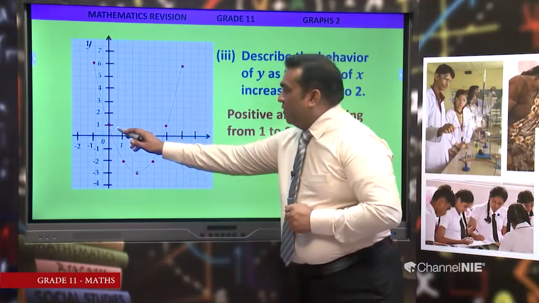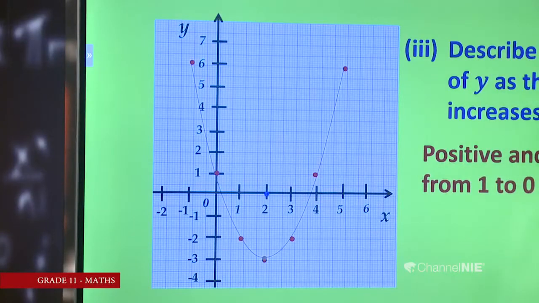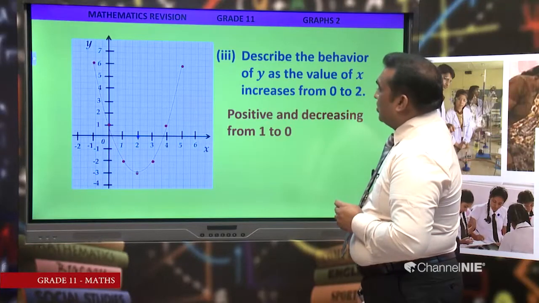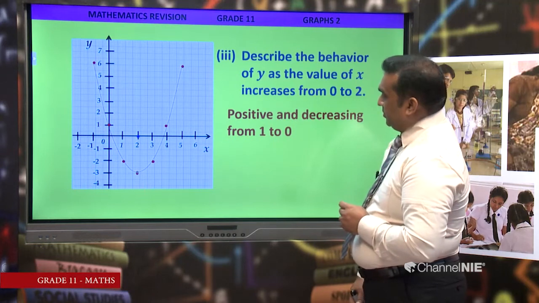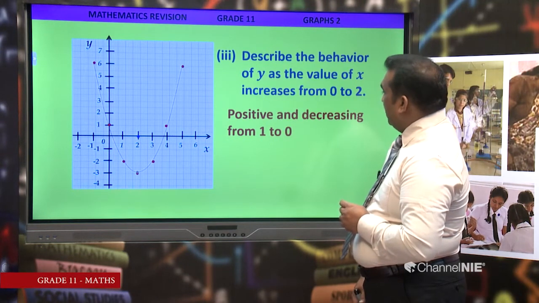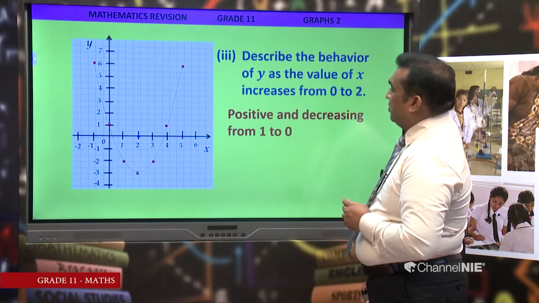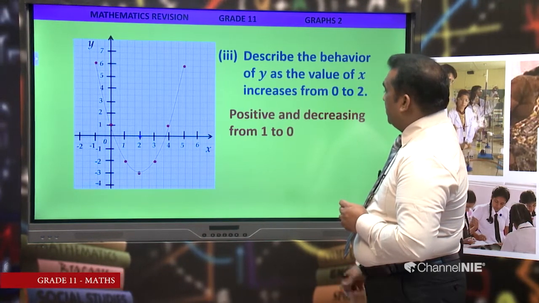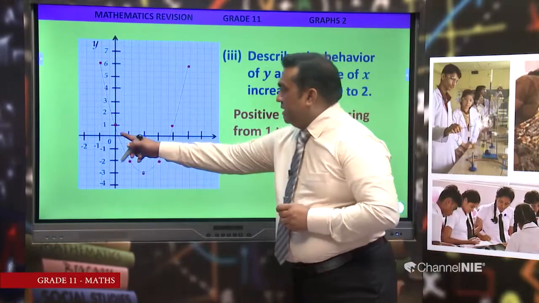That is the behavior of the curve as the value of x increases from 0 to 2: positive and decreasing from 1 to 0 here.